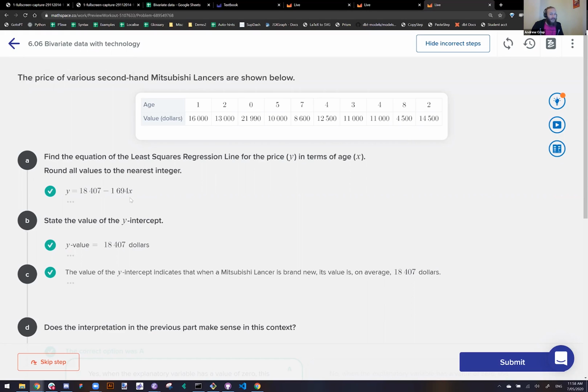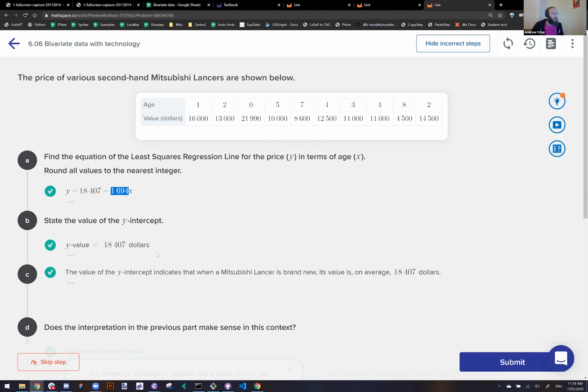Then if I put in x equals 1 here, that's 1 year after it's brand new, it's going to lose this much value, 1694, it's going to go down. It's going to go down by that same amount the next year, and the same amount the next year. This model is telling us that on average, the car is going to lose $1,694 each year.